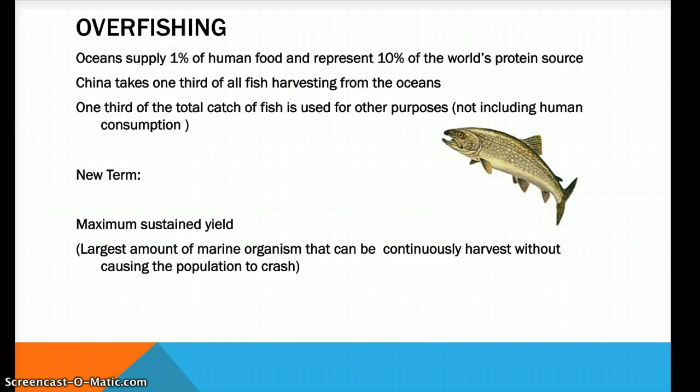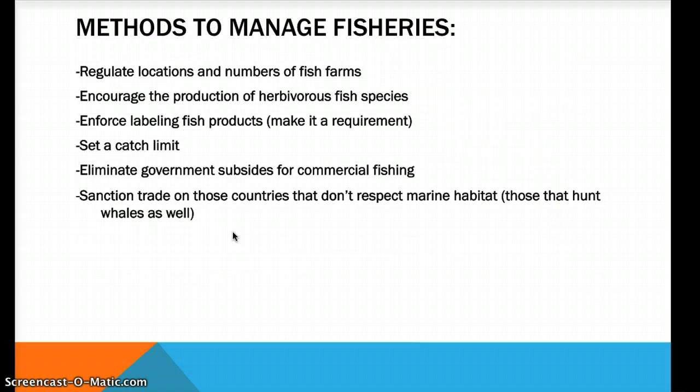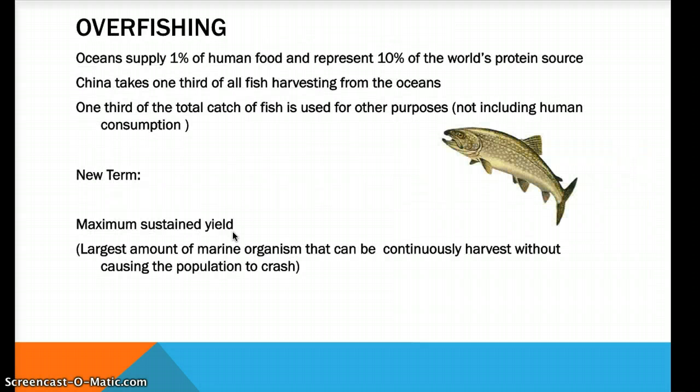China takes 1/3 of all fish harvested from the oceans, and 1/3 of the total catch of fish is used for other purposes, not including human consumption. That includes fish meal and animal feed.